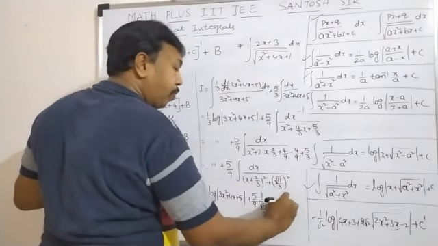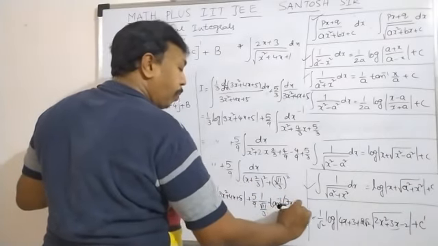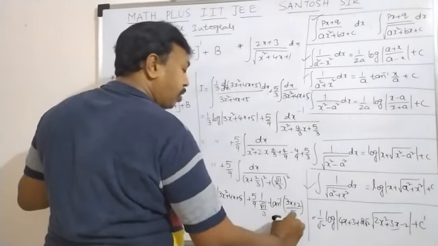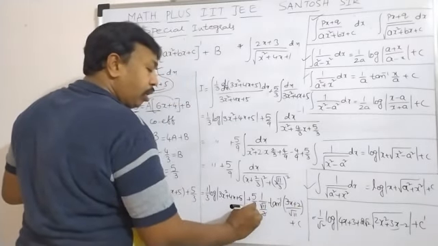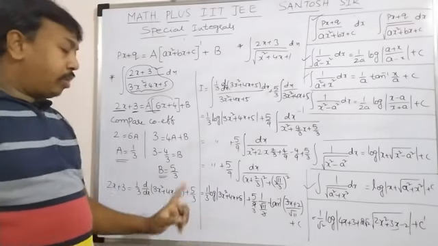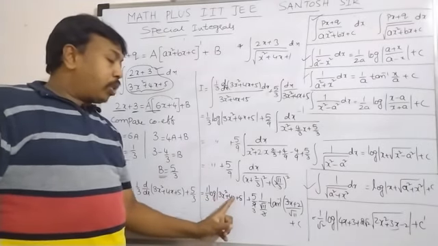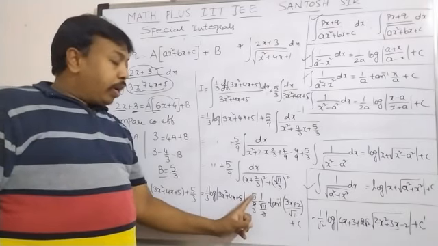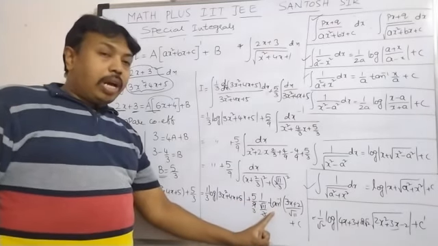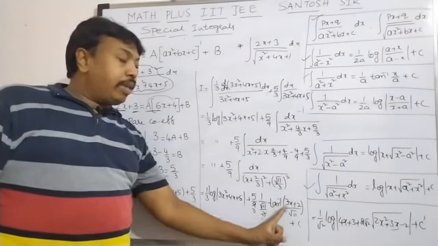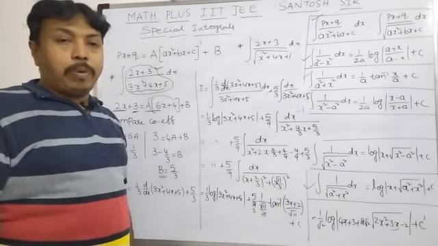I am taking LCM, 3x plus 2 upon root 11, plus c. If you want you can cancel the 3 here. So this is the answer: 1 upon 3 log modulus of 3x square plus 4x plus 5, plus 5 upon 3 root 11 into tan inverse of (3x plus 2 upon root 11), plus c.